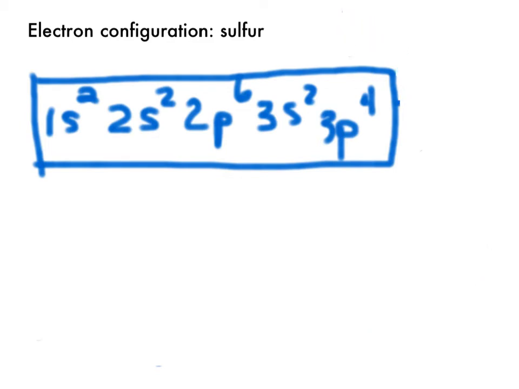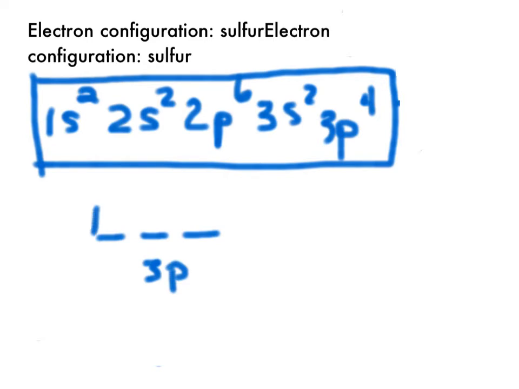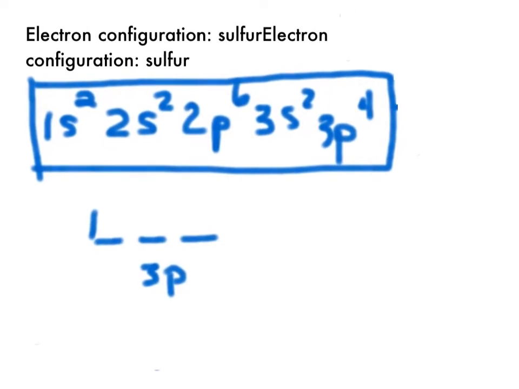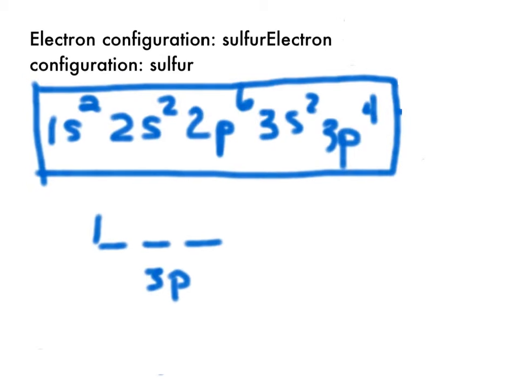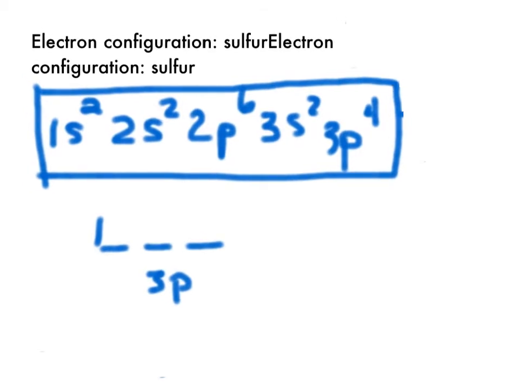Alright, so the 3p has 3 orbitals, and we know that there are 4 electrons in the 3p. So we're going to go up, up, up, and then down.